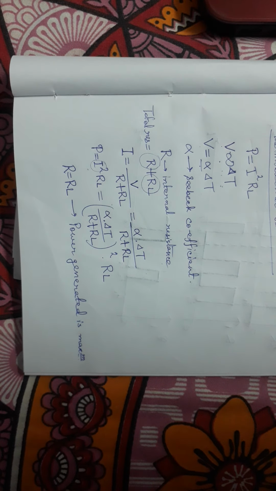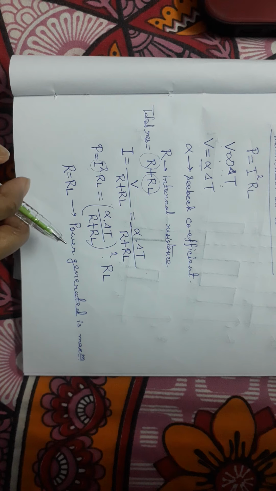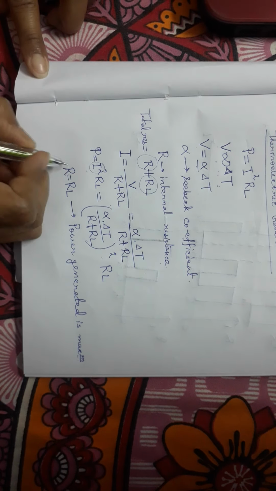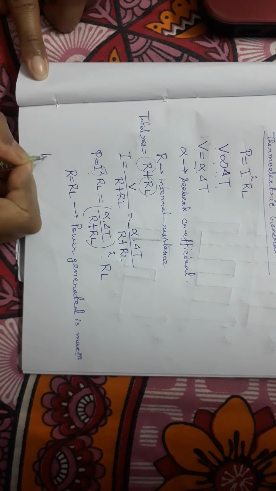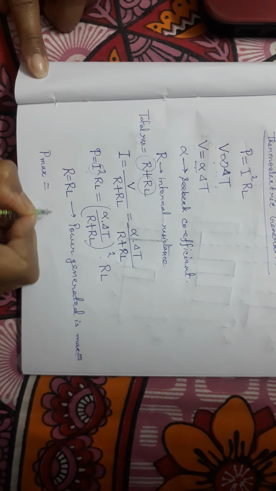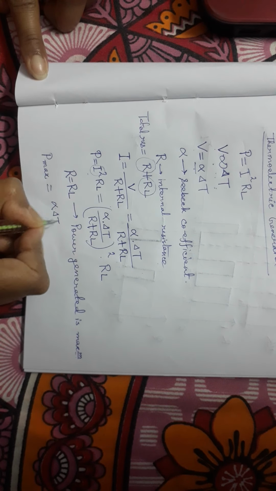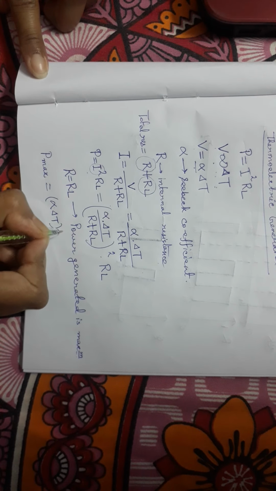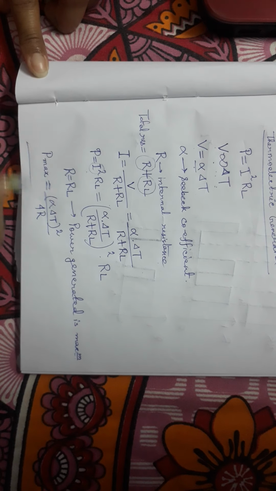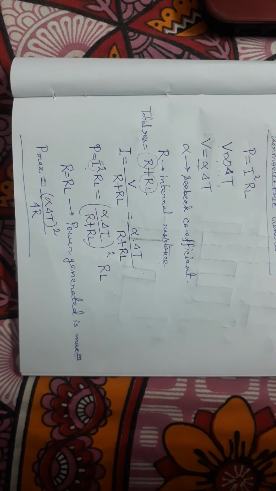If we substitute R equal to RL, we get P max equal to alpha delta T whole square divided by 4R. So this is the maximum power generated by this thermoelectric generator. Thank you.